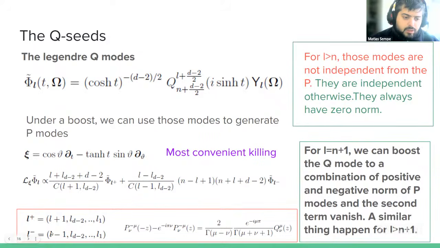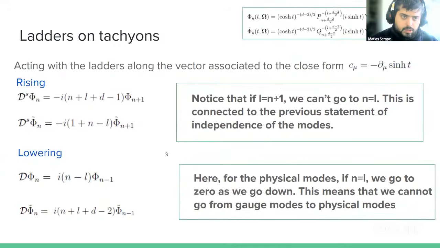L plus and L minus are written as follows, and we can try to apply ladders on tachyons and see how they are raising and lowering. If we have something that is unitary, we cannot raise here, because if we start with greater l and a smaller n and start moving n up, eventually we get to zero, since we would go from unitary to non-unitary.